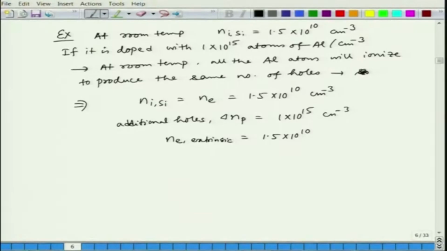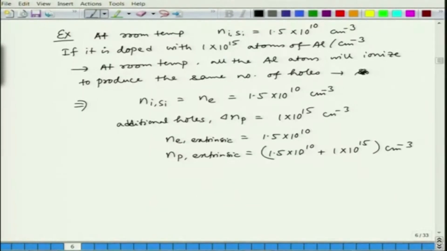So, they remain the same, but for the holes, the extrinsic hole concentration is now 1.5 into 10 to the power 10 plus 1 into 10 to the power 15.